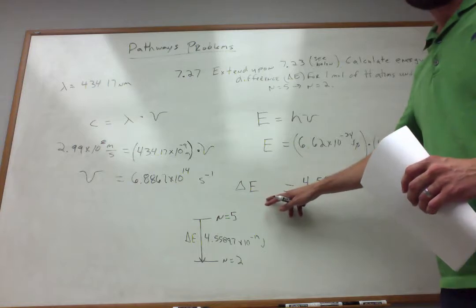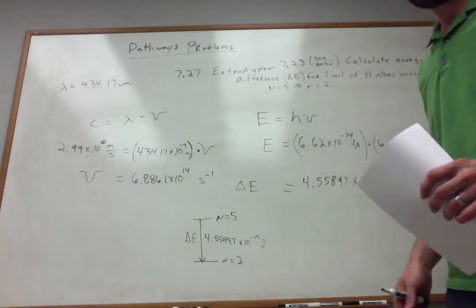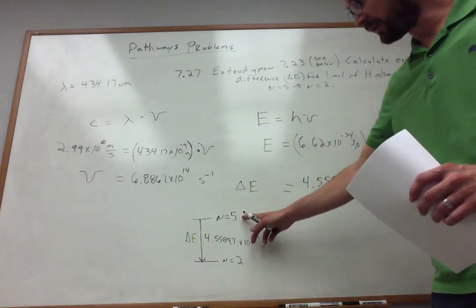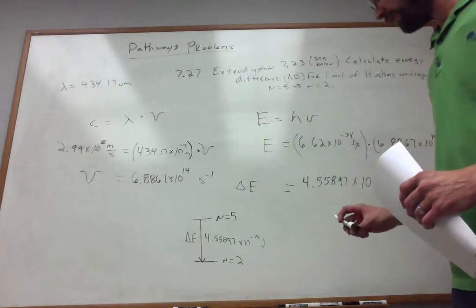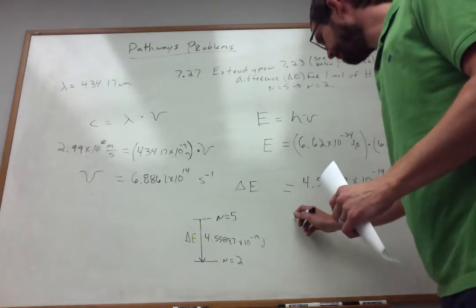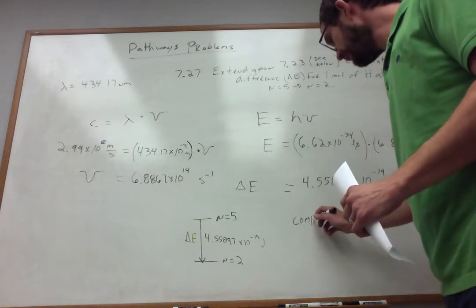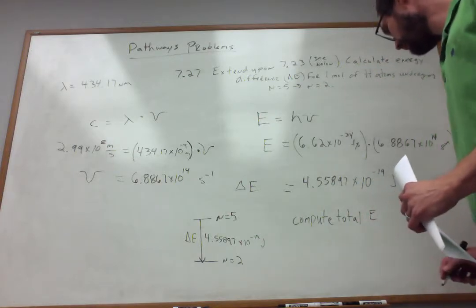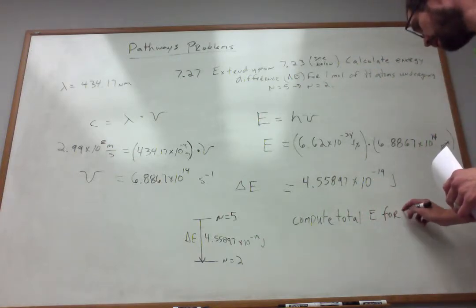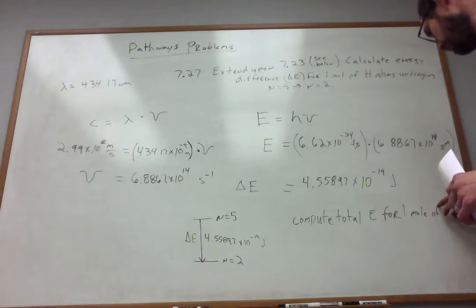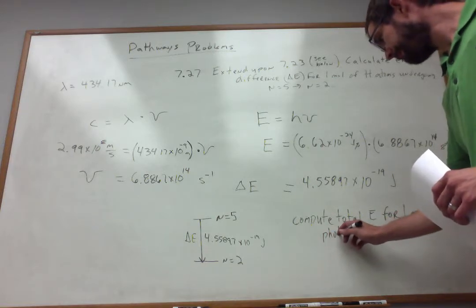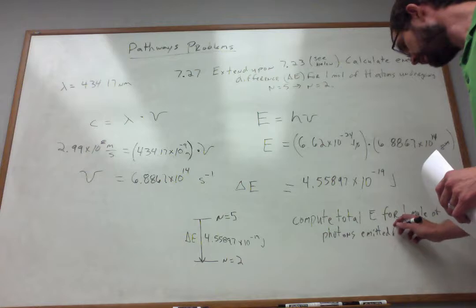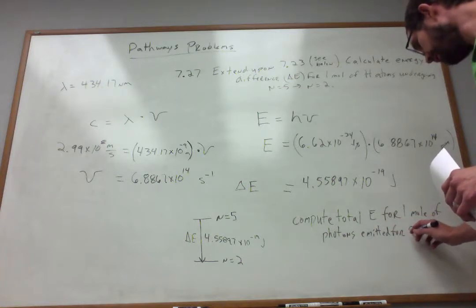The delta E depends upon what we're talking about. We're talking about a hydrogen atom here. That energy gap between the levels is always the same for every hydrogen atom. It's always this if we're talking about the 5 to 2 gap. But what we can do maybe is compute the total energy for 1 mole of photons emitted for the 5 to 2 transition.